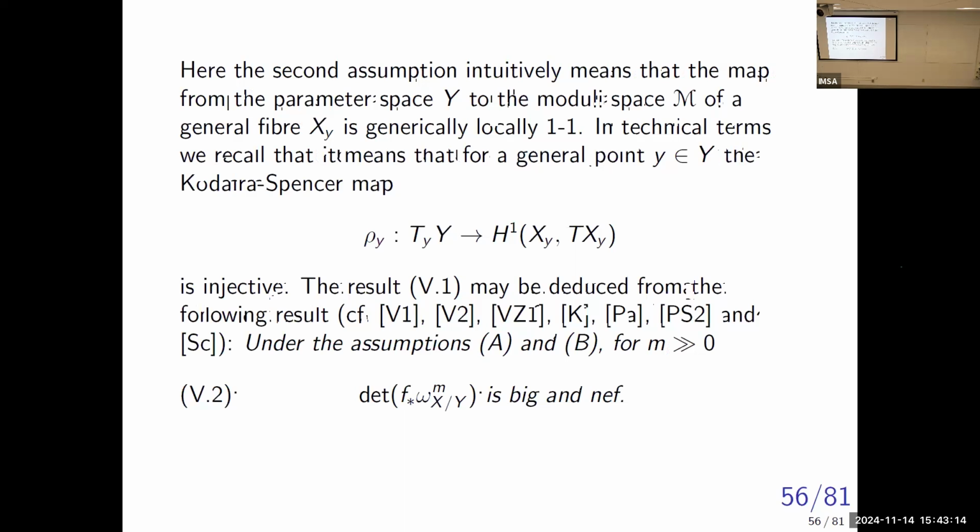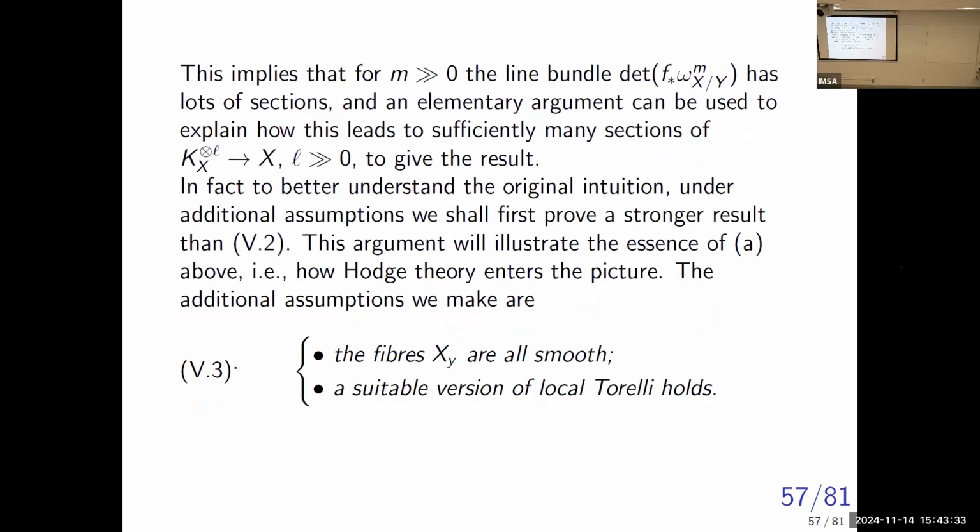So what we're going to show is that the direct image of some power of the relative canonical bundle is big and nef. That's the result that will imply the Iitaka conjecture. So that means that for sufficiently large m, the determinant of the canonical bundle along the fiber raised to a high power has lots of sections. That's really what it amounts to.